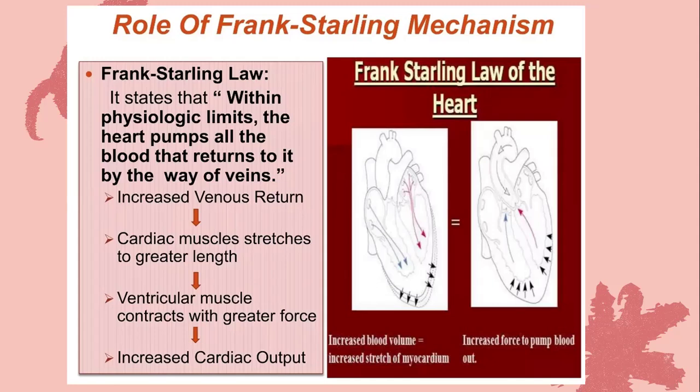When the venous return is increased, cardiac muscles stretch to a greater length, so that ventricular muscle contracts with greater force. That will lead to increasing cardiac output. So, the increased blood volume leads to increased stretching of the myocardium, which increases the cardiac output.